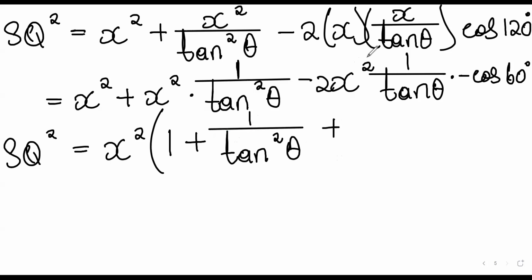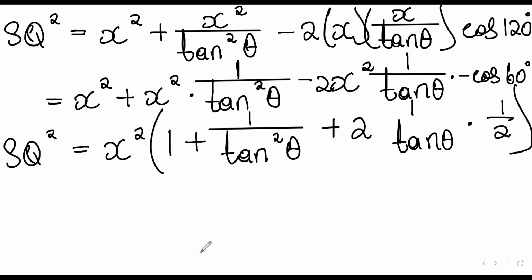This one becomes positive. If I take it out, I'm left with 2 times 1 over tan theta times a half, because the cosine of 60 degrees is 1/2. Yes? So now you have 2 multiplied by a half. And when you say 2 times half, you get 1.